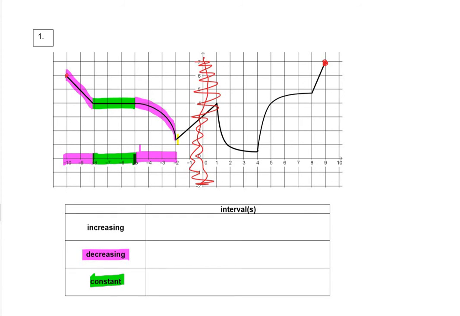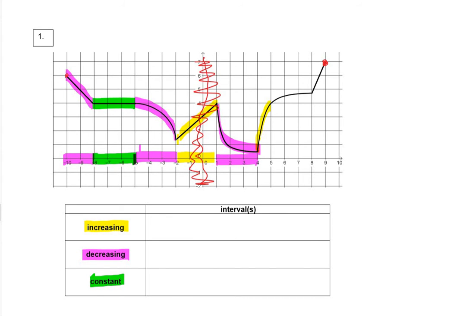The next part of the graph is going up. That's increasing. So I'm going to highlight that yellow. So I'm going to highlight this section of the x-axis yellow. Next part of the graph is decreasing. So I'm going to highlight that pink and I'll highlight this x-axis pink.